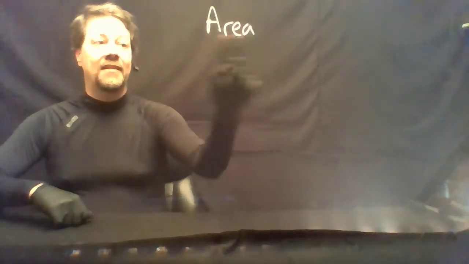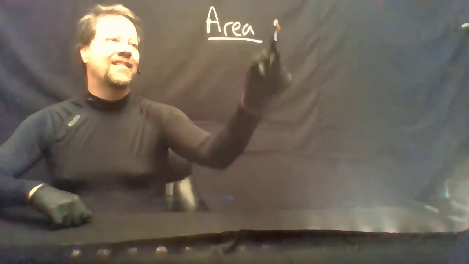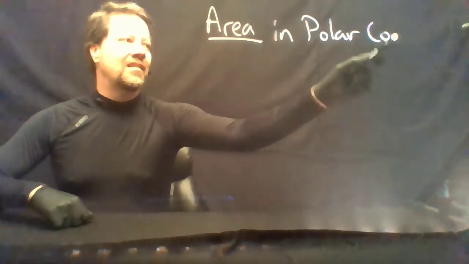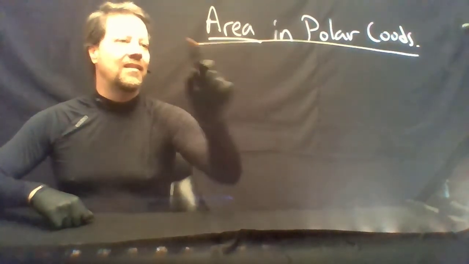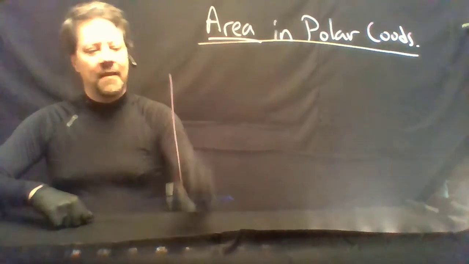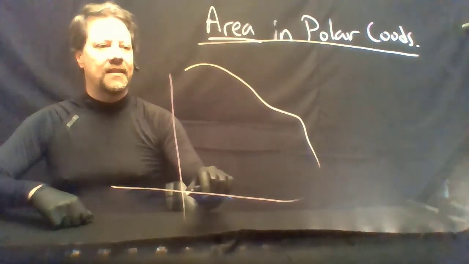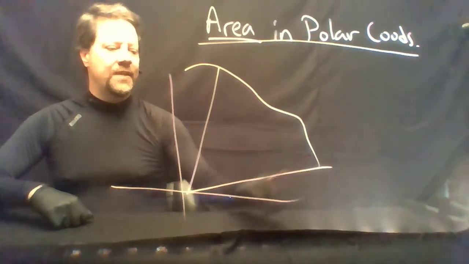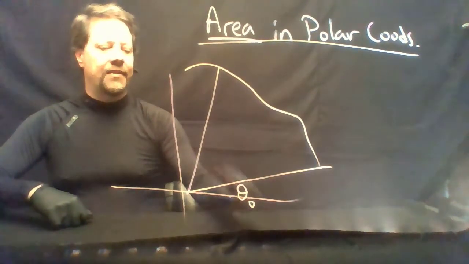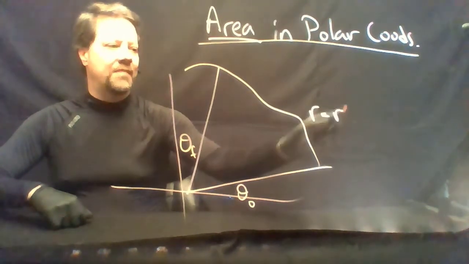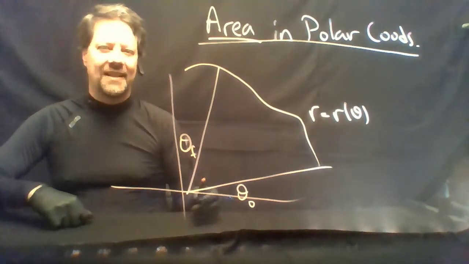We need to know how to calculate areas and double integrals in polar coordinates. In particular, let's suppose that we have some region, and this region is bounded between some theta naught and theta final, and maybe r equals some function of theta.